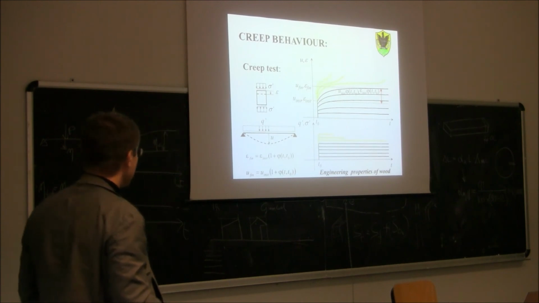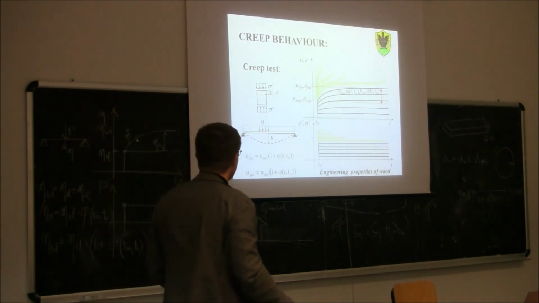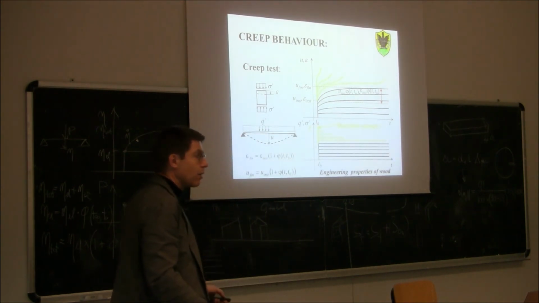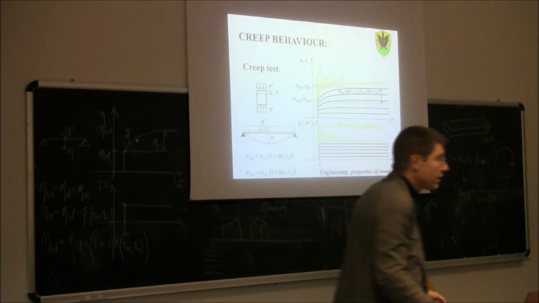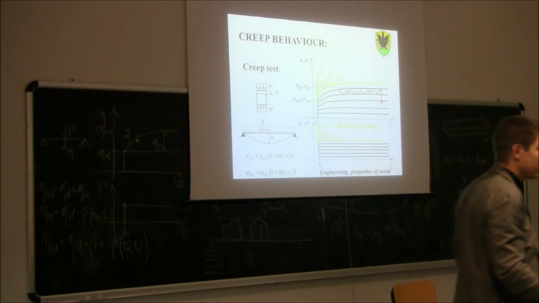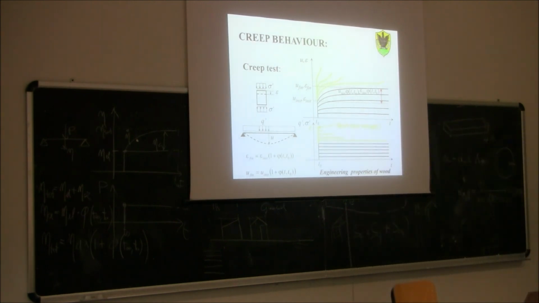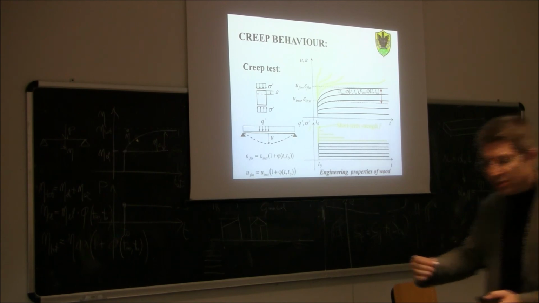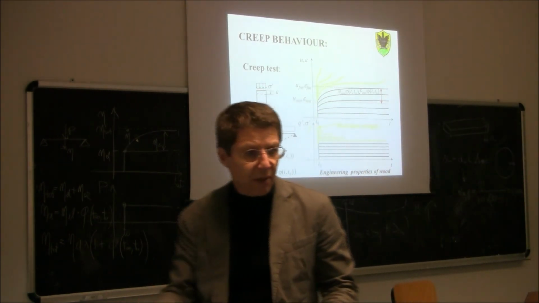In the limit case, I apply a load equal to the strength of the wood, then I get immediately the failure. So all these black curves concern specimens that have been loaded below this limit. They just creep over time, they just deform over time, but they don't fail.